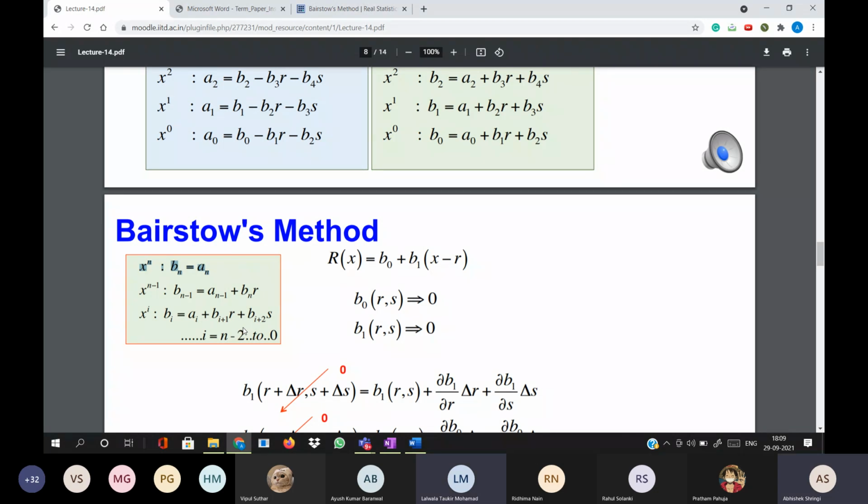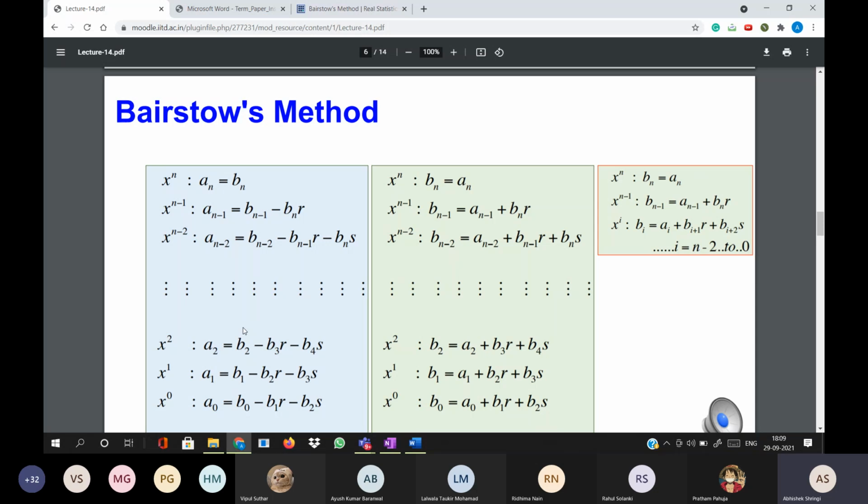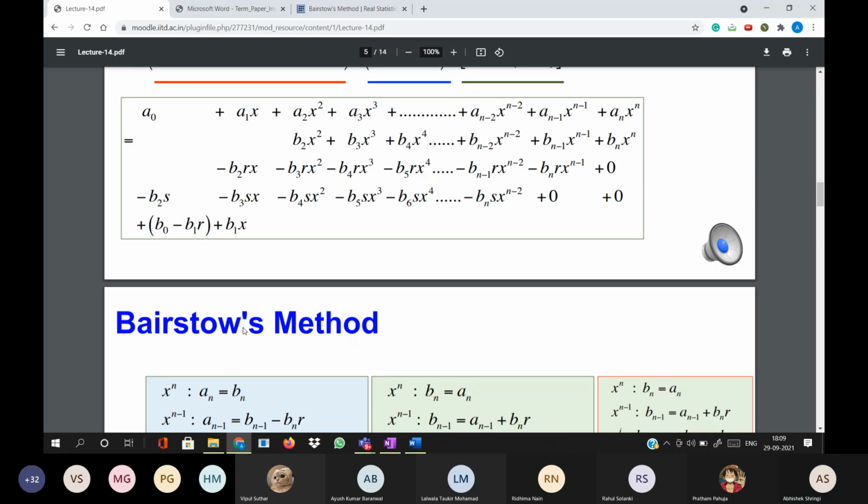Sir, I will get two roots after getting r and s, but how will I get the third root? Once you have r and s, you have this quadratic polynomial here, right?